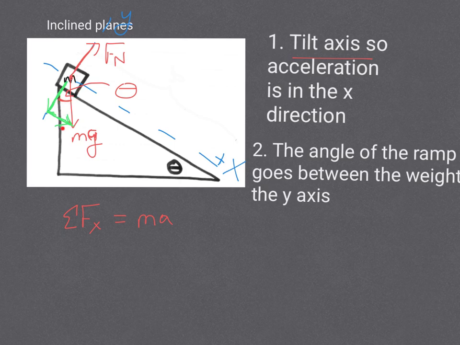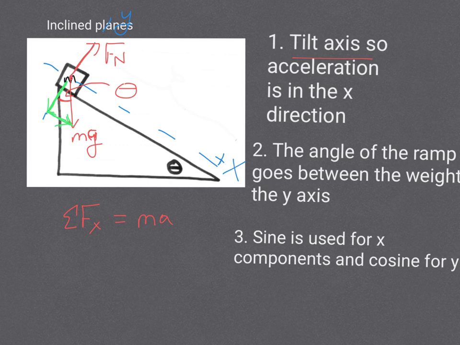Now, this side, which is the x component, is opposite the angle given. So if we have the hypotenuse and we need the opposite of the angle, that's going to be the sine function. So really, that's the third thing that we have to consider when doing inclined plane problems.